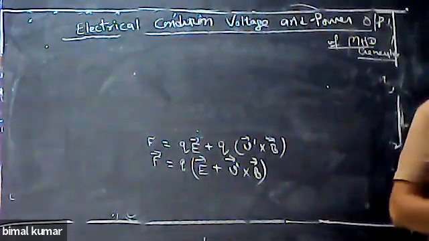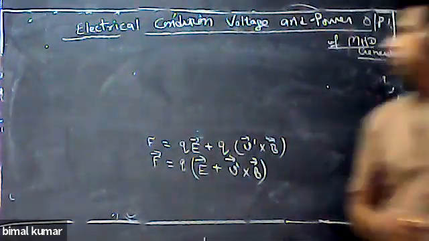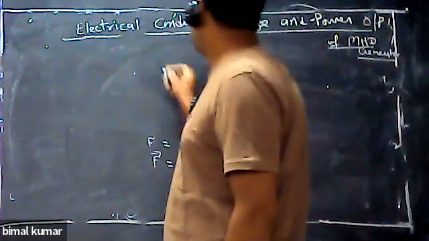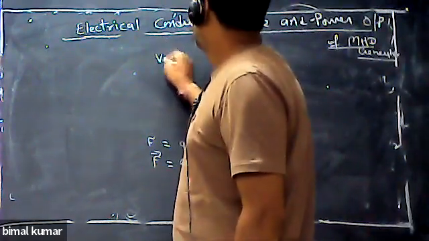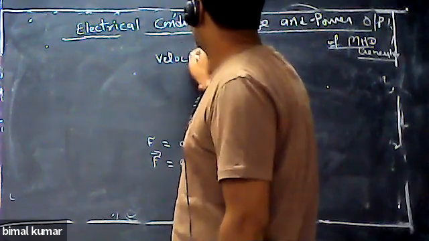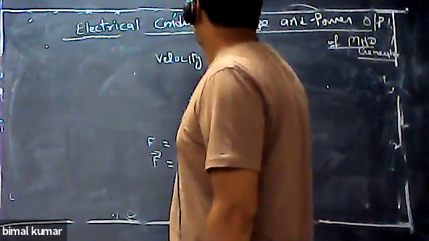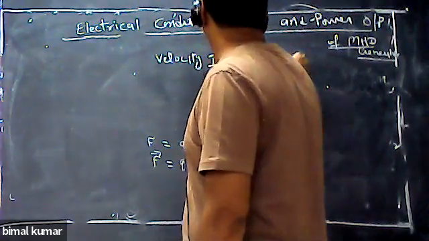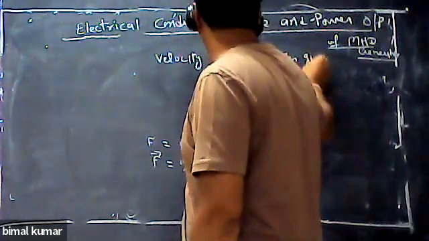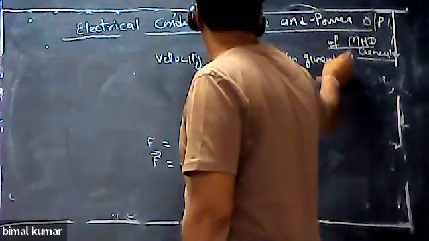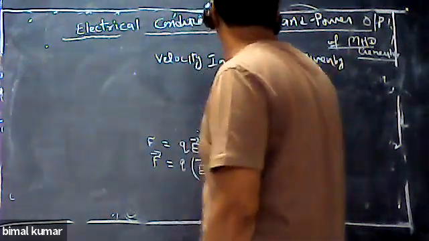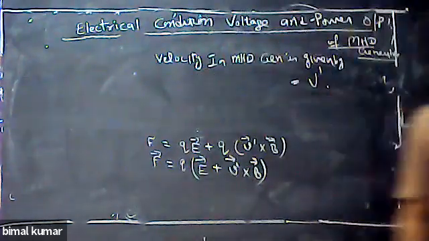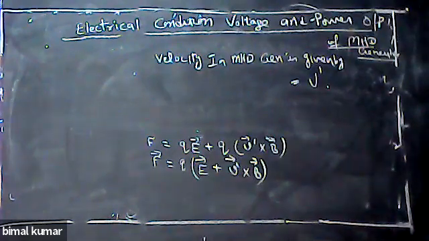So the velocity in the MHD generator is given by V dash.